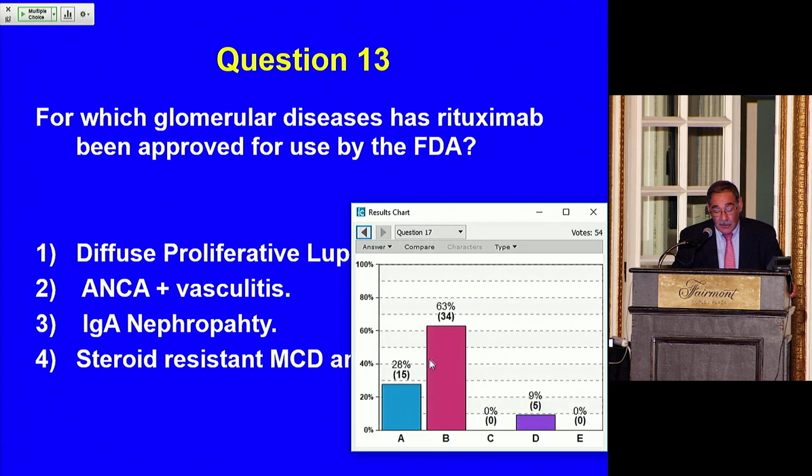Okay, so the majority is correct. ANCA-positive vasculitis, based solely on the RAVE trial. One study, but they just said that, again, this is a life-threatening disease. It is equivalent or superior to cyclophosphamide, so it is FDA approved. It's not FDA approved for lupus, even though we use it all the time, because all the studies were negative.